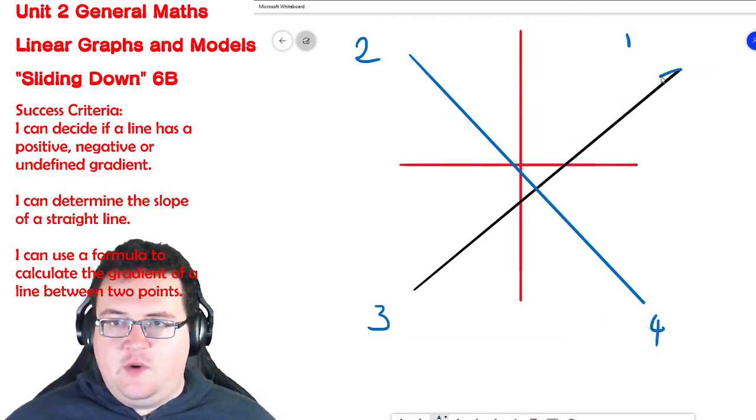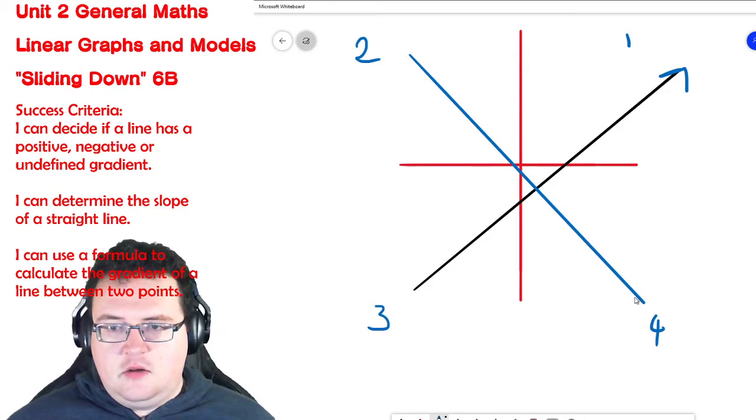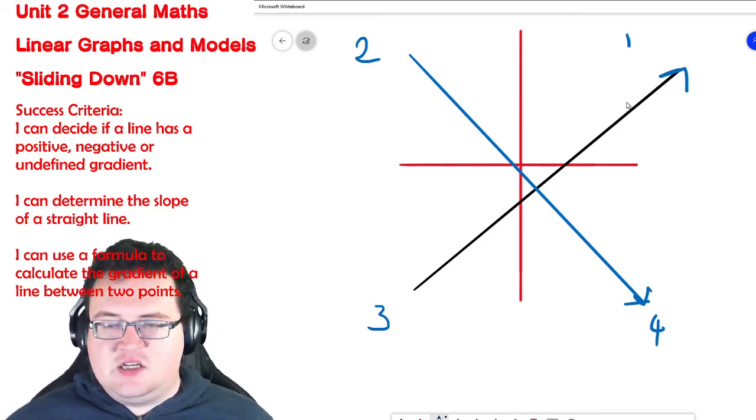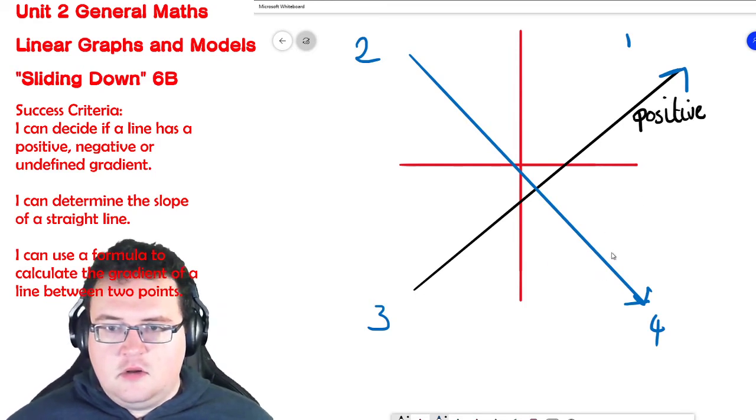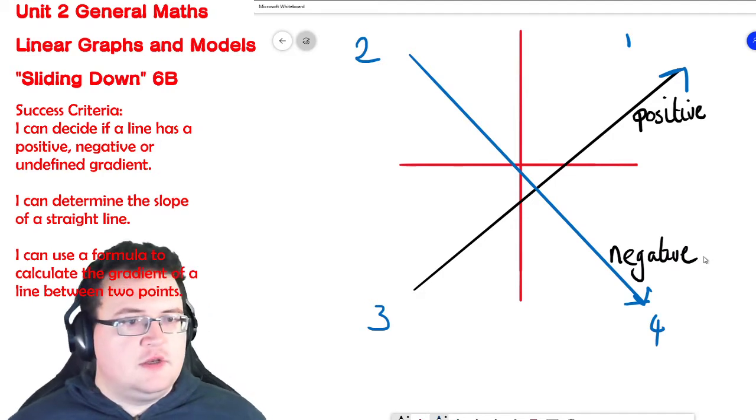The line is going that way or that way. So this black line is positive, and this is negative here.